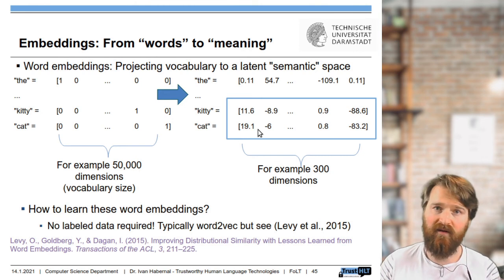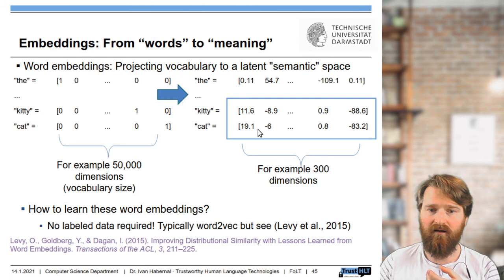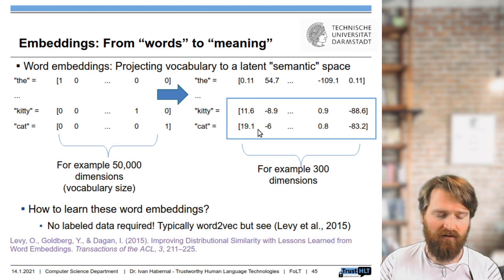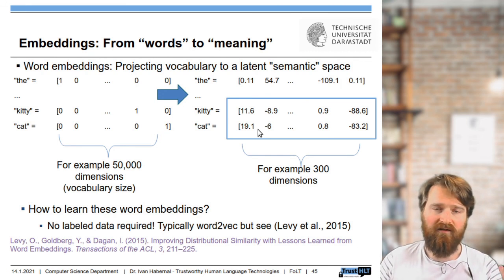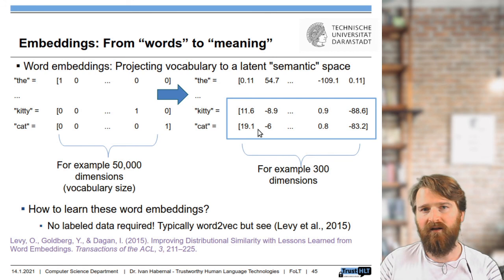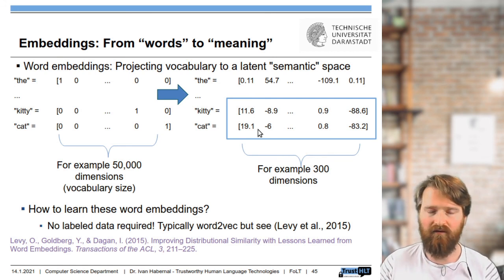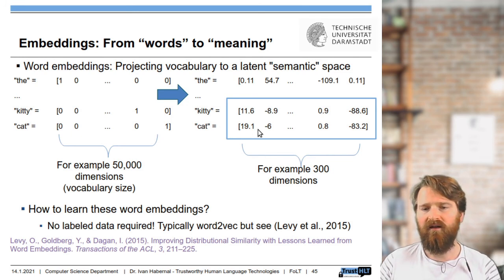How can we learn this mapping from words to these embeddings? It's typically done by some modeling we call self-supervision, where we try to predict a word based on the contextual words from some large corpus. Typically we have methods called word2vec or GloVe.